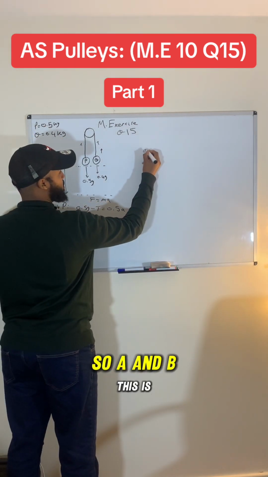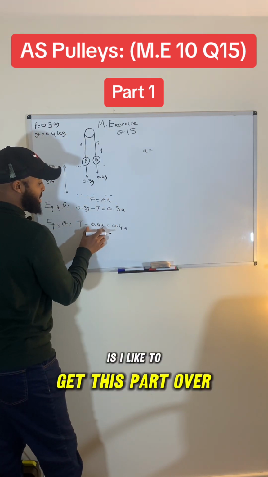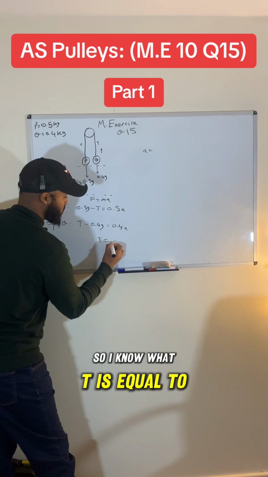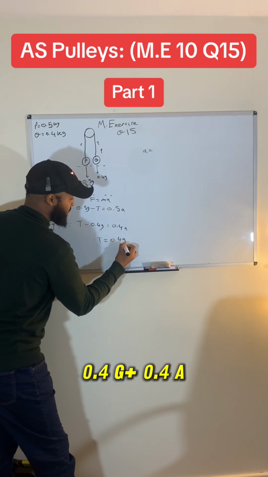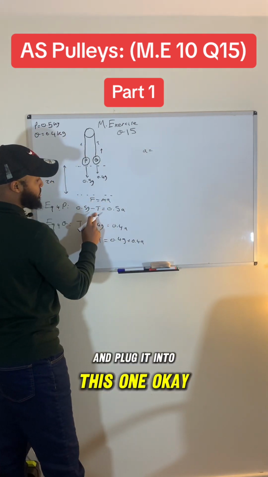So A, this is simultaneous equations. What I like to do personally is I like to get this part over here. So I know T is equal to 0.4 G plus 0.4 A, and plug it into this one.